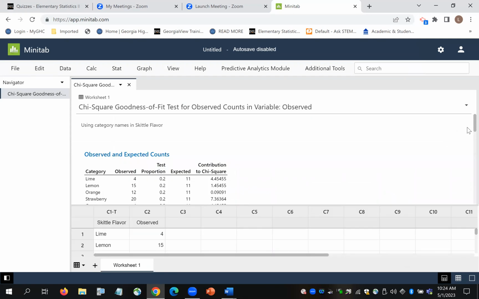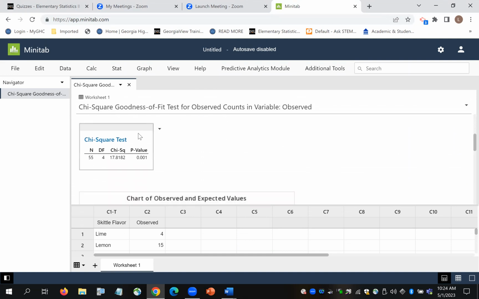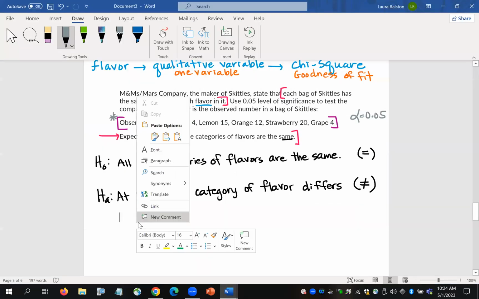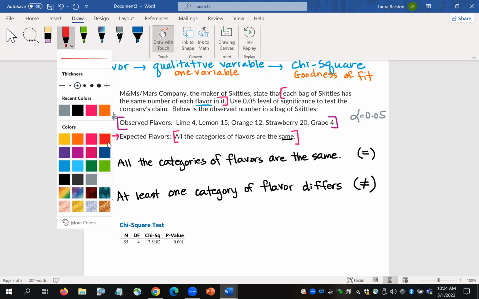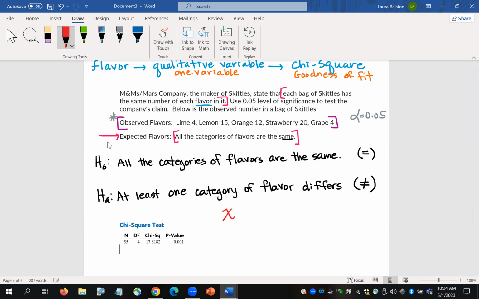And again, I look for my test statistic and p-value under the chi-square test header. So my chi-square test statistic for this problem is 17.8182, and my p-value is 0.001.